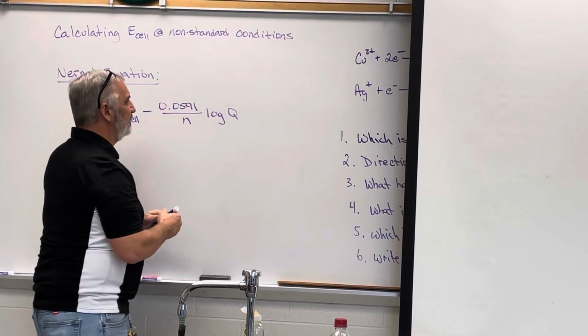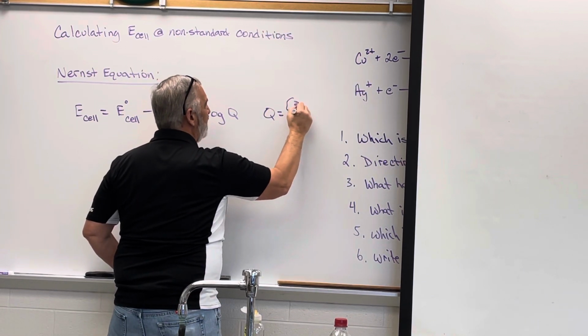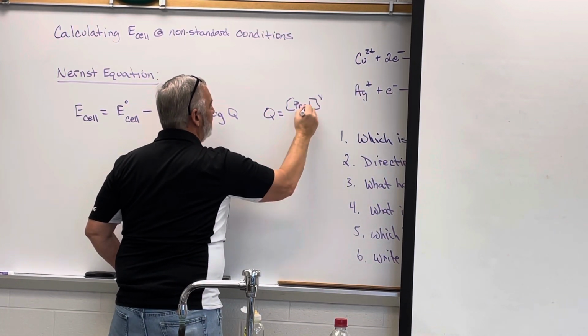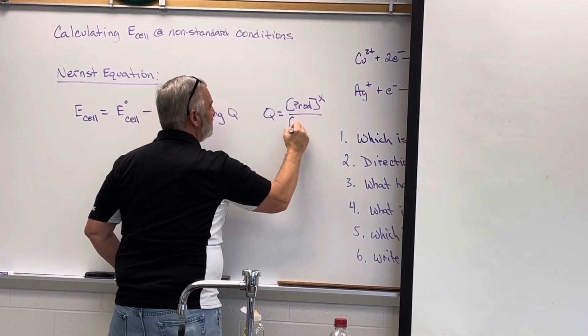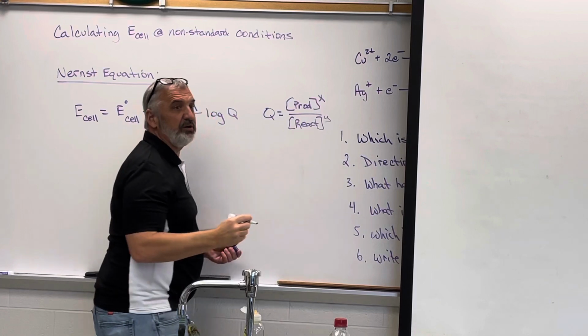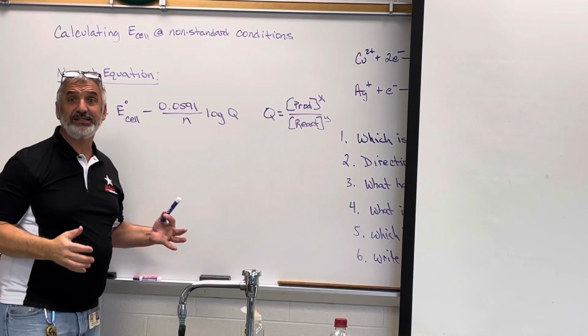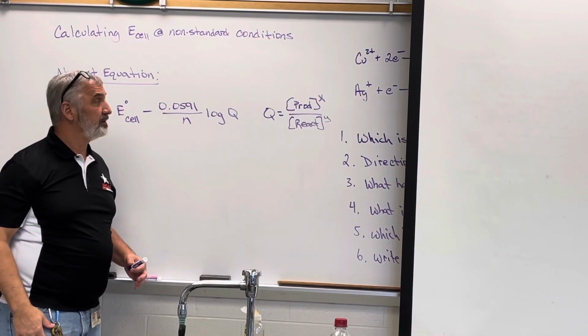So Q, though, is still going to equal the concentration of products raised to some power x over the concentration of reactants raised to some other power, whatever the coefficients are, products over reactants. That's the biggest thing that you have to understand.